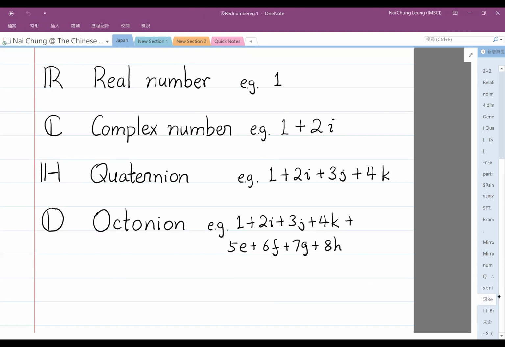To begin, we have the real numbers, like 1, 2, 3, 4, 5. Real numbers, we draw a real line. And then I mentioned all over this talk the complex number, like 1 plus 2i. The complex number plays this important role in general relativity, in quantum mechanics, in supersymmetry, everywhere.